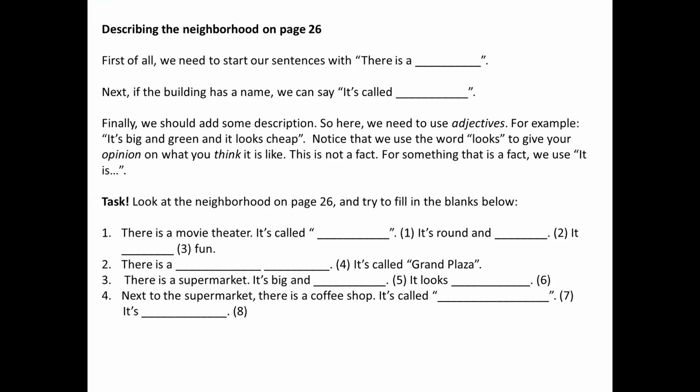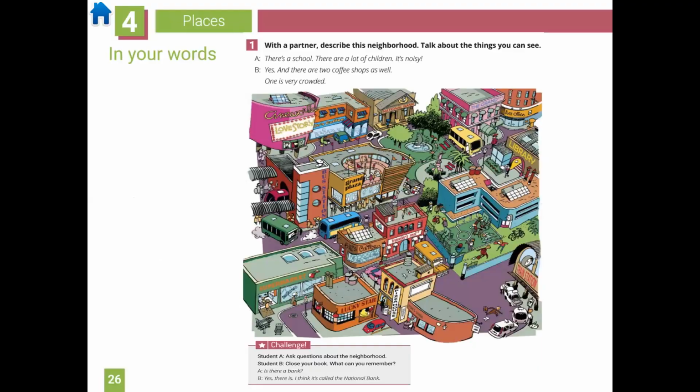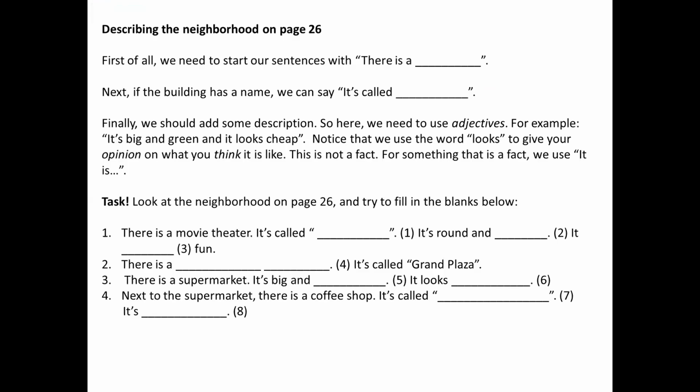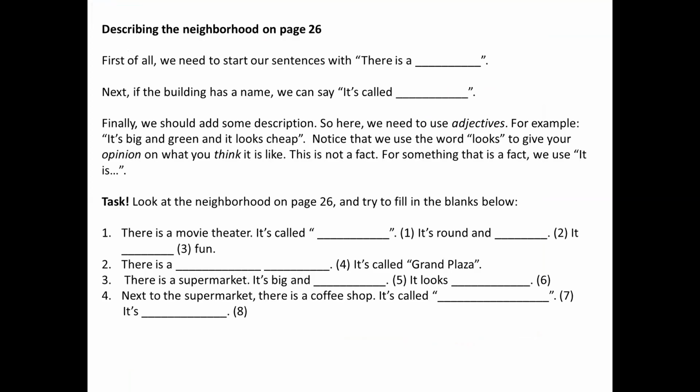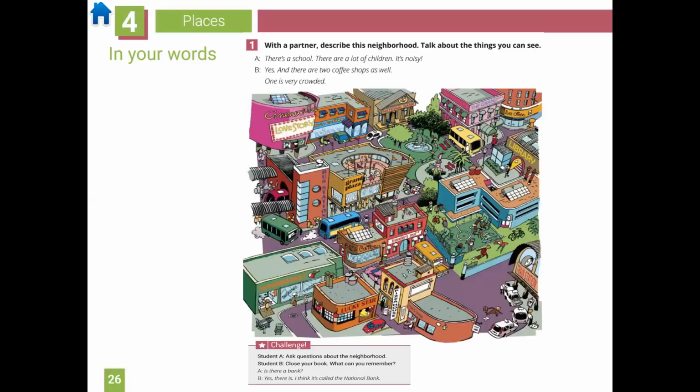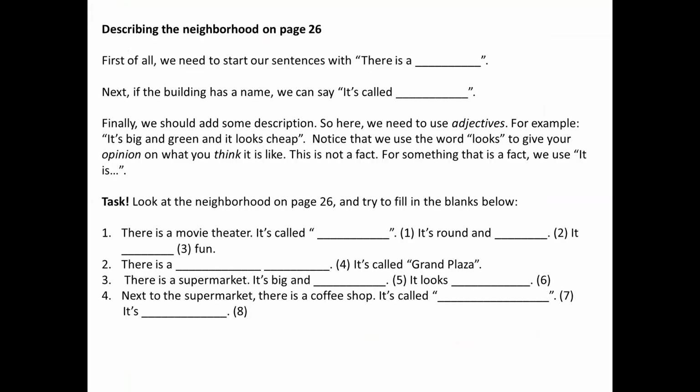Number three, there's a supermarket. It's big and green. It looks cheap. Well, maybe you think it looks expensive. I think it looks kind of cheap. Next to the supermarket, there is a coffee shop. It's called, what is the name? Well, it's called Bill's Coffee. That's the answer, Bill's Coffee.